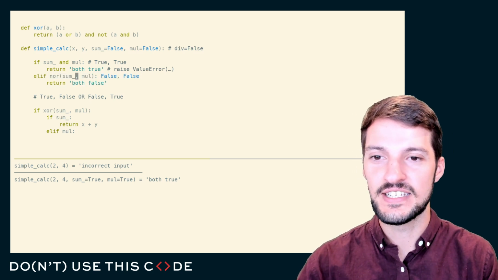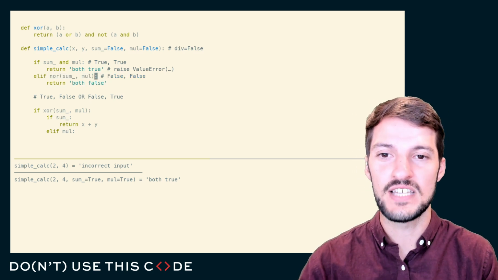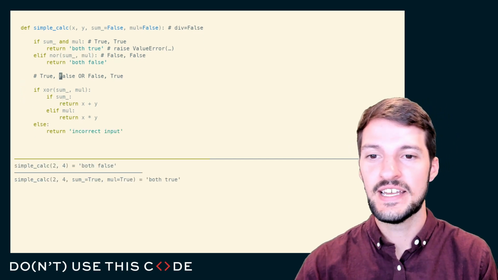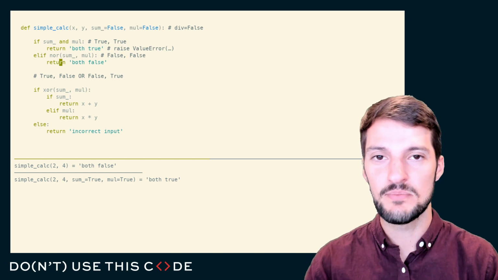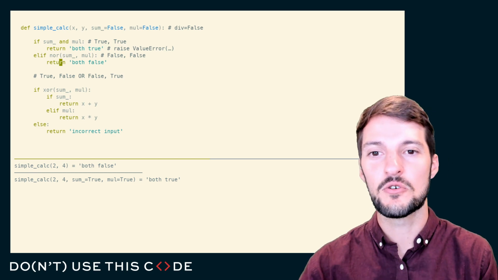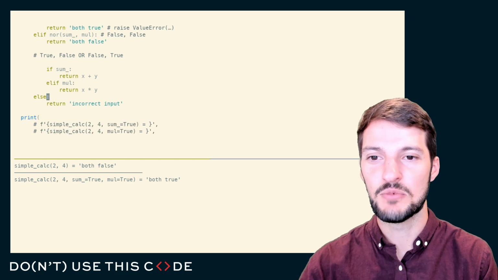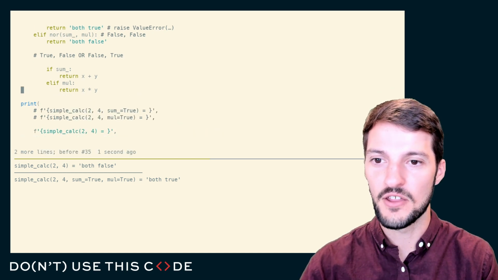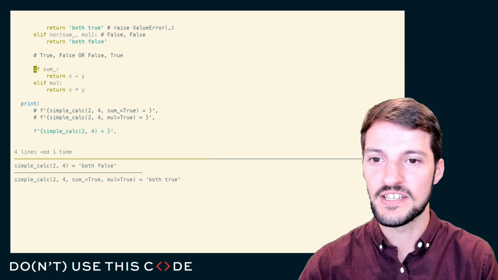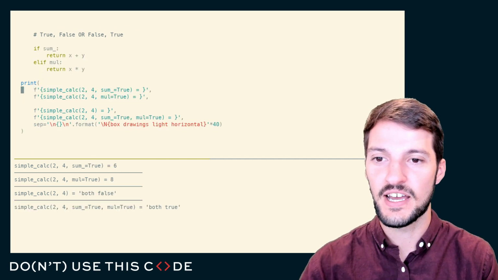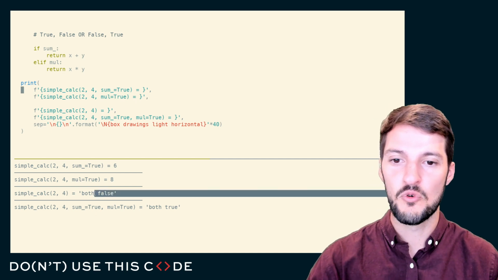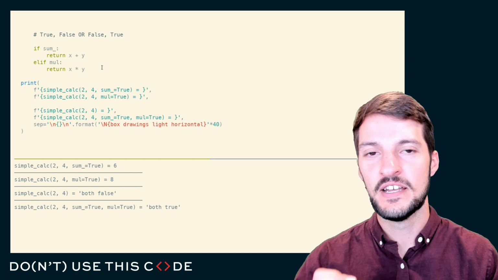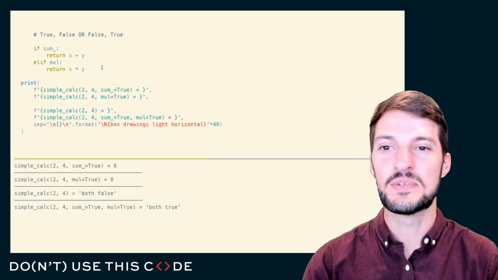And I can use this idea of a NOR, right, which is when my sum and multiplier are both false, and I can return both false. In this case, I've caught the possibilities that I've inputted more than one flag, or I have not inputted any flags, and we can do away with this XOR because all of the other possibilities have been accounted for, and I can use my calculator as expected, and now I have more meaningful errors or return values, something that conveys to the user that something went wrong, but here is what specifically went wrong.